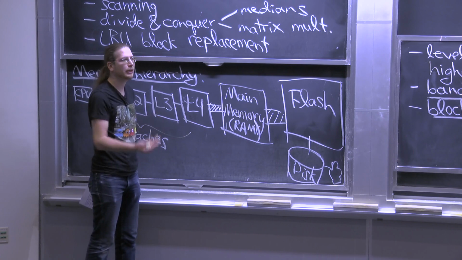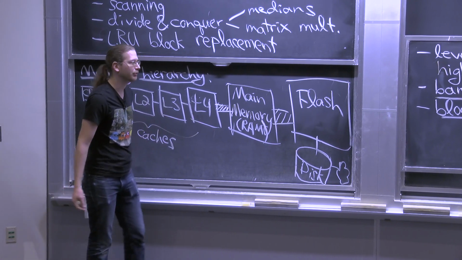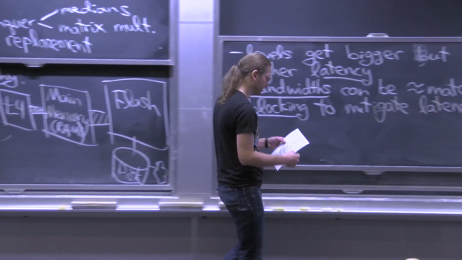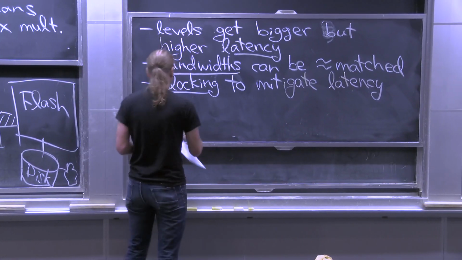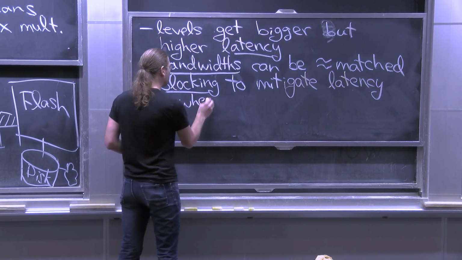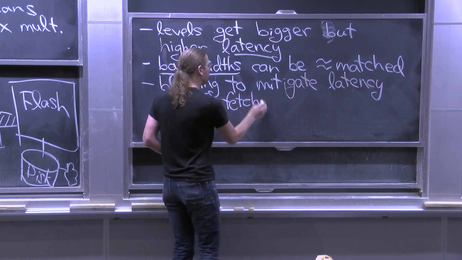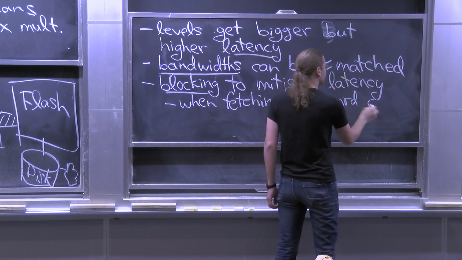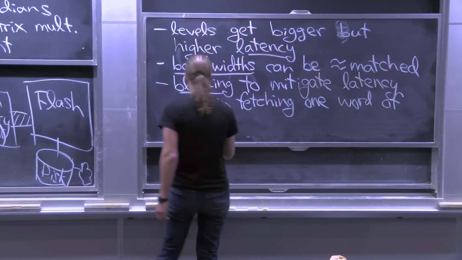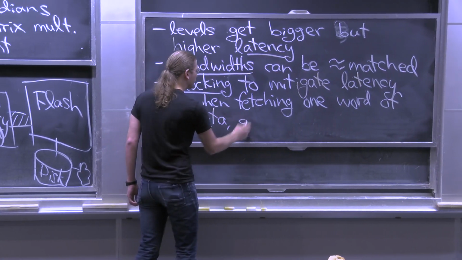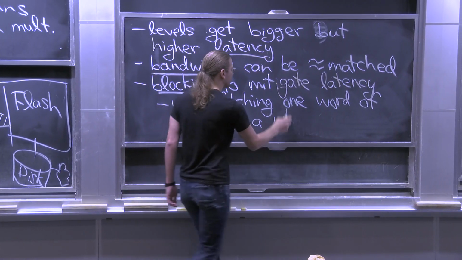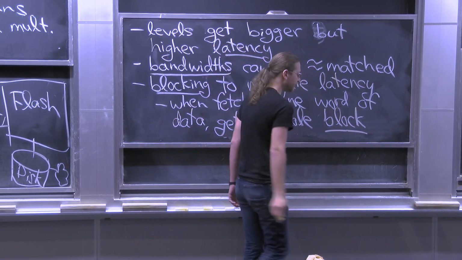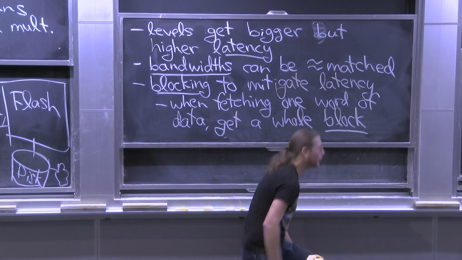You get maybe 32 kilobytes of information, not just 4 bytes or 8 bytes. And we're kind of free to choose these block sizes however we want when we design the system.